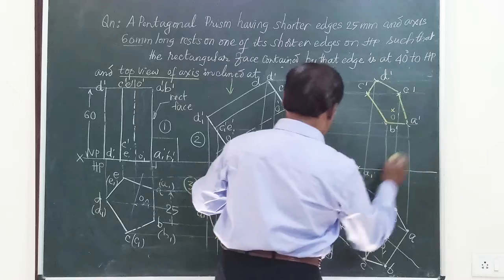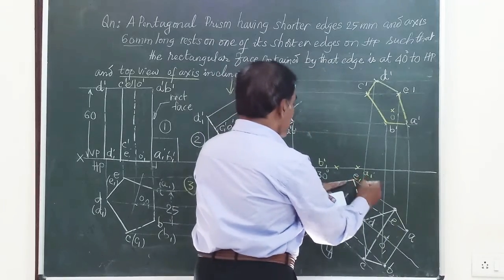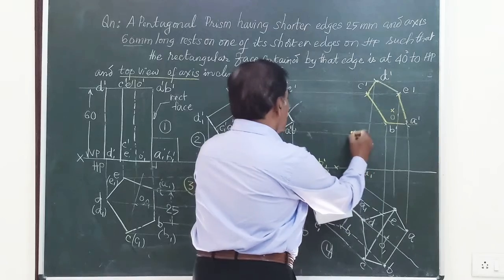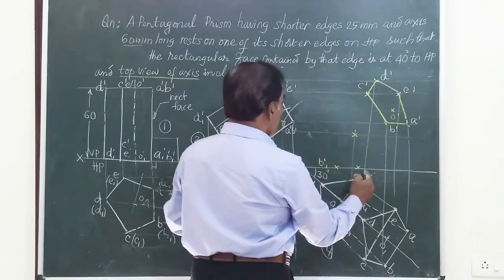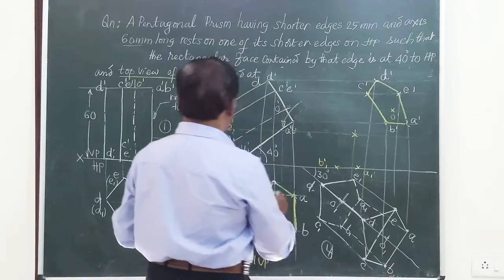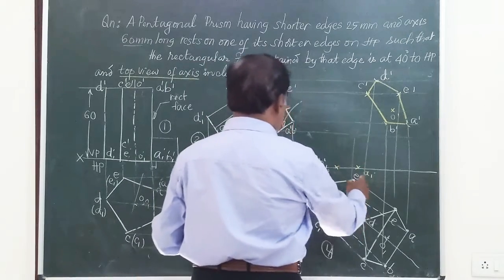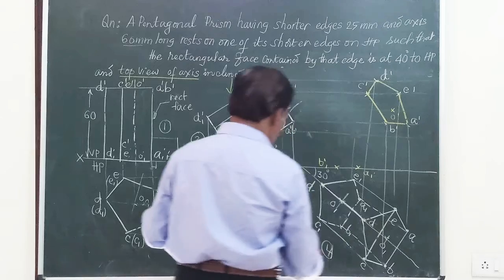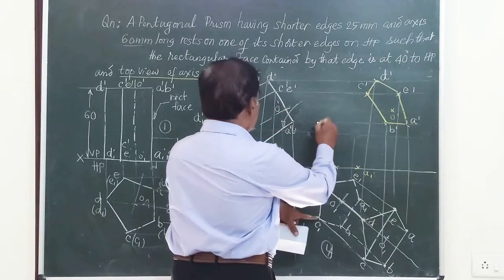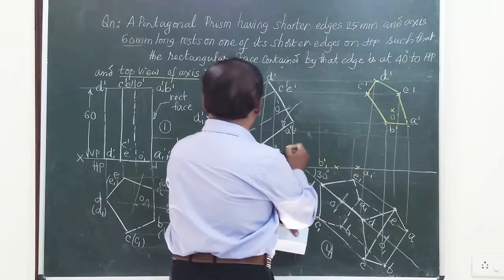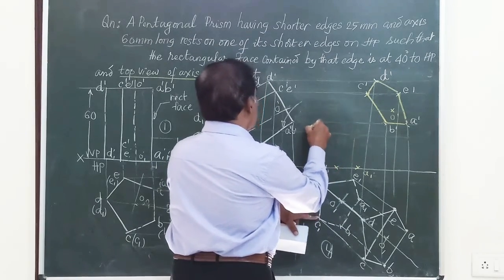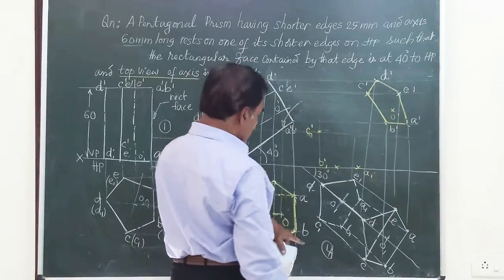So a vertical line from E1 is drawn from here, and these two will represent A, B, C. This is from E I have drawn. So this is A, B I have got, C I should get. So C is here. So a vertical line from C, a horizontal line from this C will give you this C dash. This point is C1 dash. That's for the bottom face.